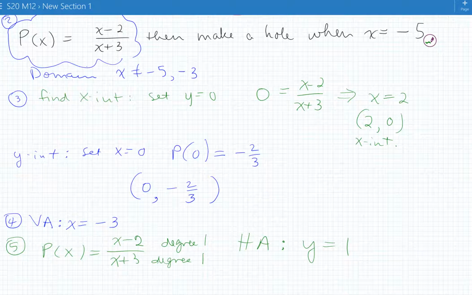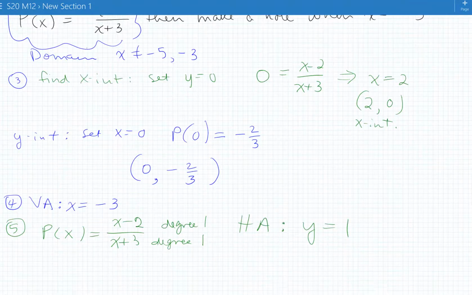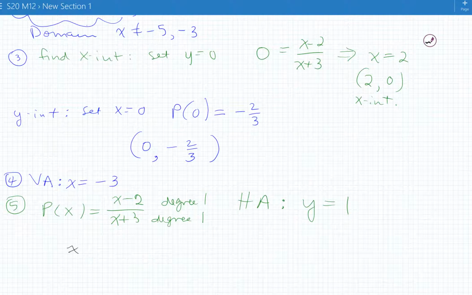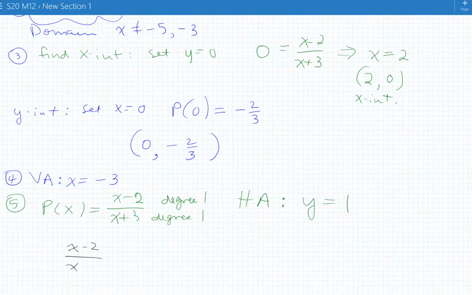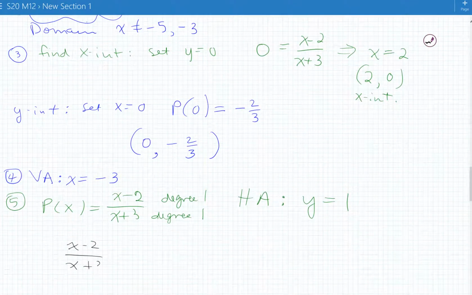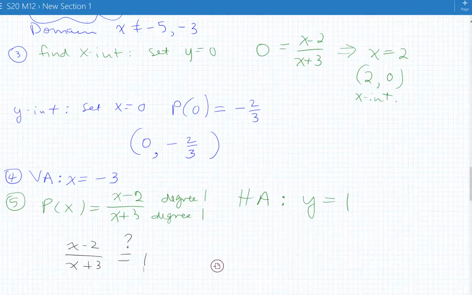So then we want to know, does it ever happen that x minus 2 over x plus 3 equals 1? To find a point of intersection, you set the two equations equal to each other and ask if that ever happens.